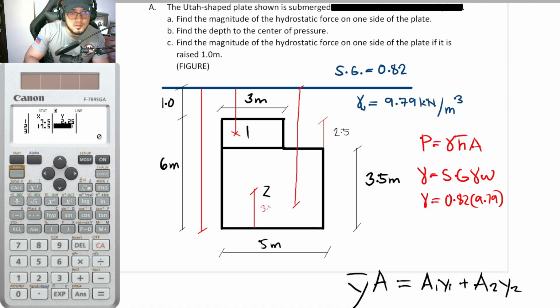Looking at the calculator, this is 1 plus 6 minus 3.5 over 2. Once again, 1 plus 6 meters minus 3.5 divided by 2, which is 5.25. These are the values we will now use.